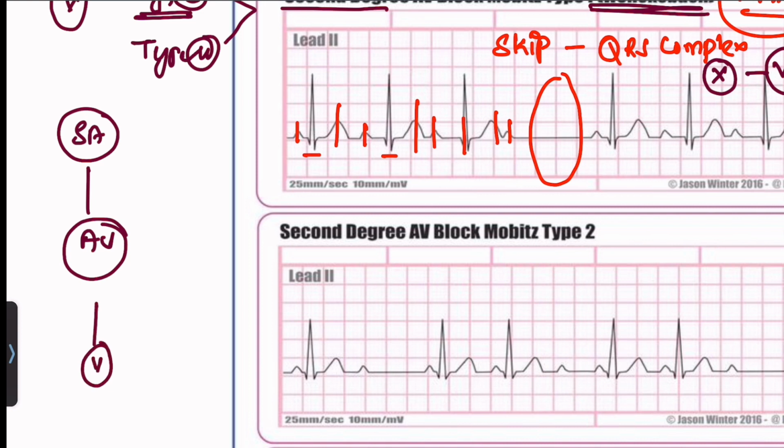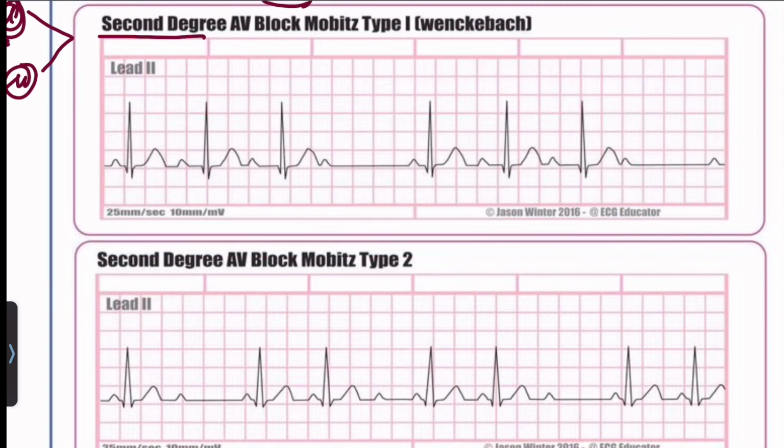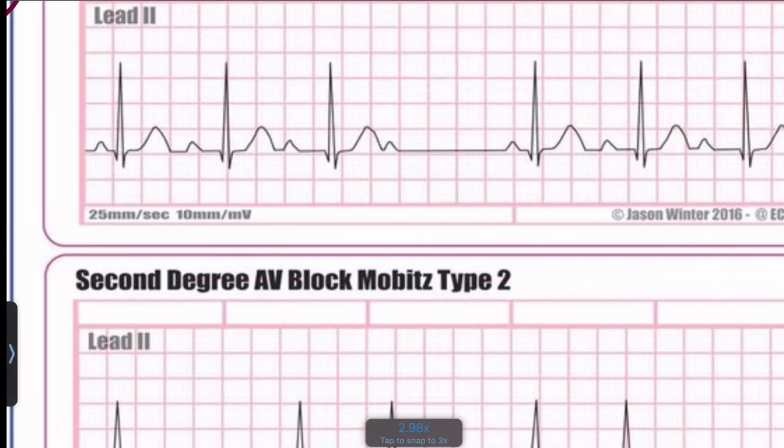The impulses generated from the SA node travel to the AV node, and initially there will be some delay. The delay will progress slowly. Here you can observe that. Initially the PR interval is less than 0.20 seconds, here it is almost 0.20 seconds.